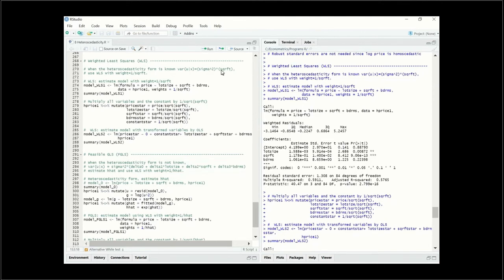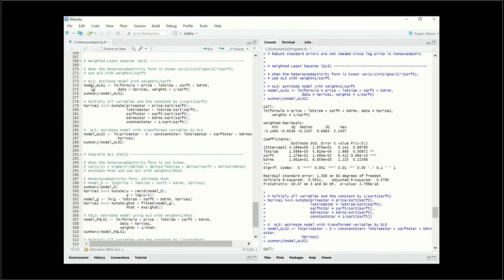So let's assume that that's the correct form of heteroscedasticity. Now we can estimate weighted least squares with the weight equal to 1 divided by the square footage. If we use this as the weight, that would basically bring the model back to a homoscedastic model.